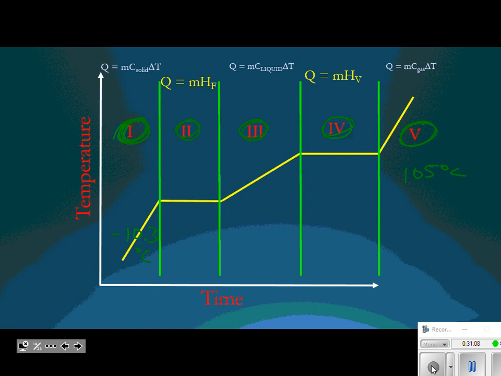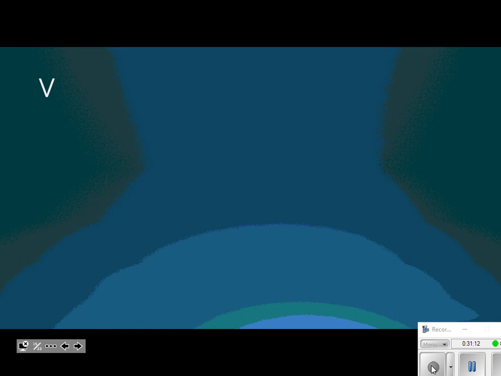Now, it's going to be just slightly different because as I look at right here, my Q is equal to my M, my C of the gas, the delta T. Let's think about our delta T. Delta T is T final minus T initial.